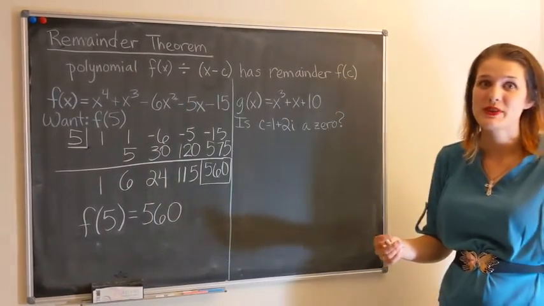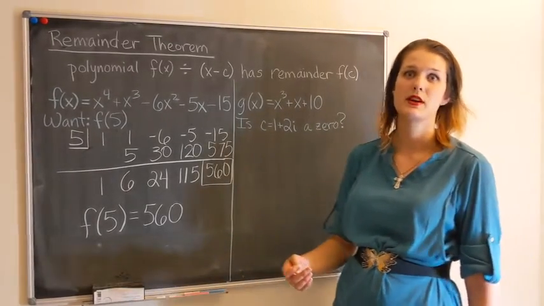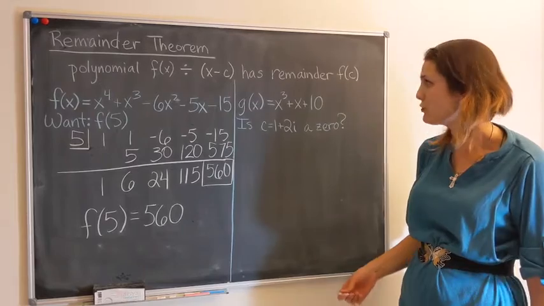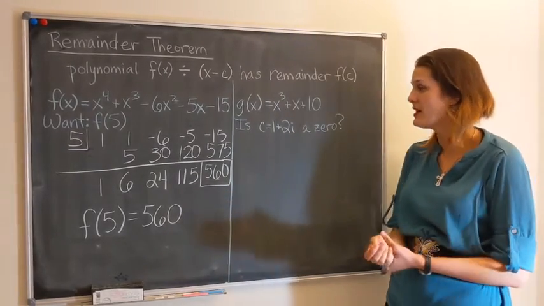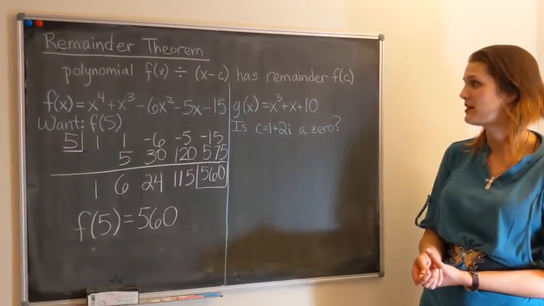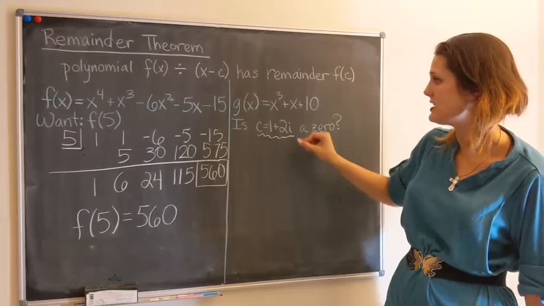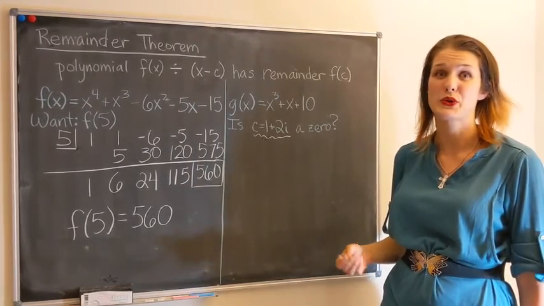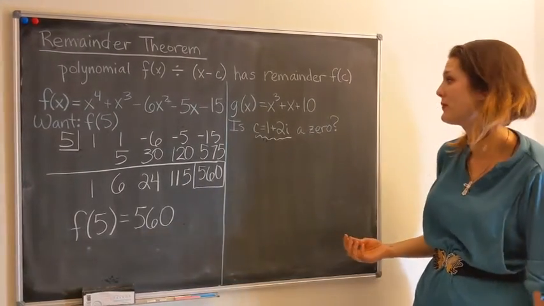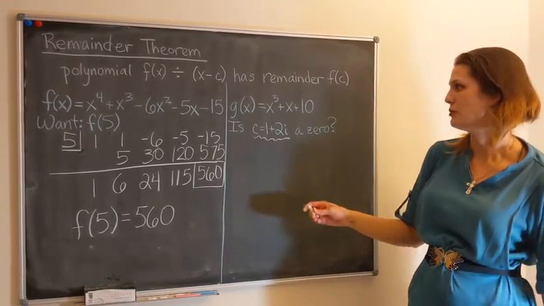This also makes it easier to deal with complex numbers. For example, if we consider g of x, which is equal to x cubed plus x plus 10, suppose we want to see if c, which is equal to 1 plus 2i, a complex number, not a real number, is a zero of that polynomial.